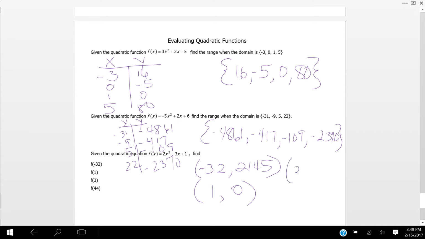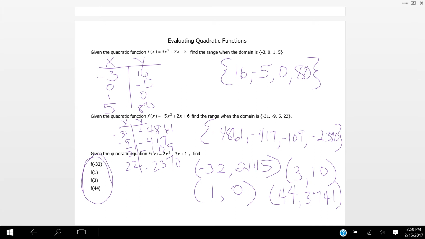I have 3 and 10. And I have 44 and 3,741. So there are my 4 points that go with these 4 values for evaluating our function. Okay, that's the end of the foldable. Phew!